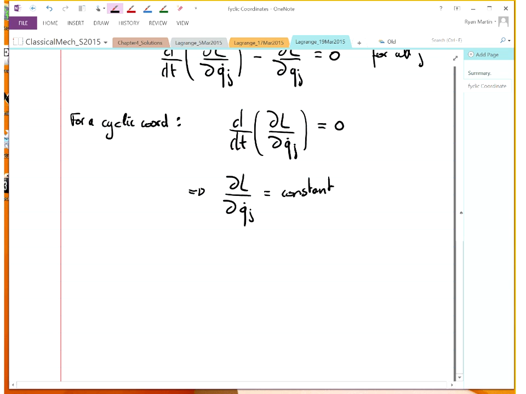Now let's start with the next section on what we call the generalized momentum. So we have generalized coordinates, generalized velocities, generalized forces, so might as well have generalized momentum as well, right?